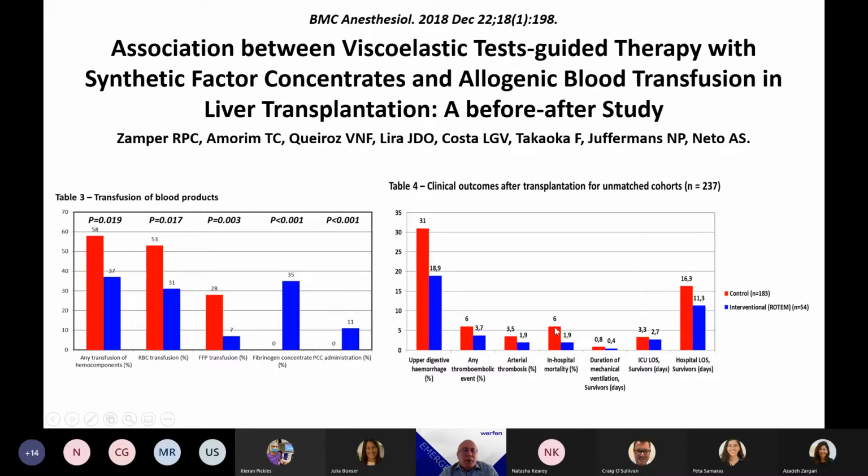And in-hospital mortality, which was already quite low with 6%, went below 2%. And also you see that the ICU length of stay as well as the hospital length of stay was reduced. And, you know, for liver transplant, 16 days at hospital is already very short, but 11 days is extremely short.